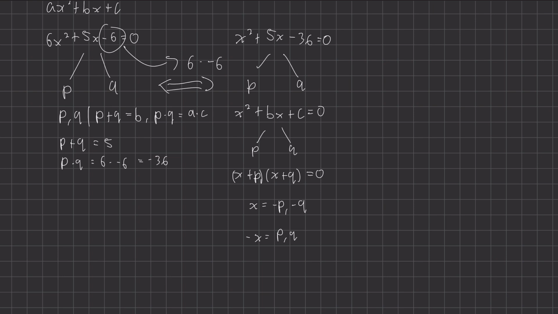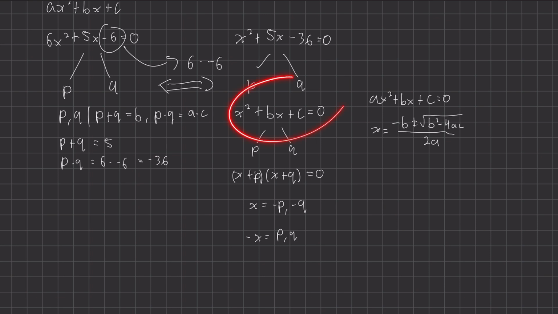Now, let's recite the quadratic formula. It states that for a trinomial of the form ax squared plus bx plus c is equal to 0, x is equal to negative b plus minus square root of b squared minus 4ac all over 2a.